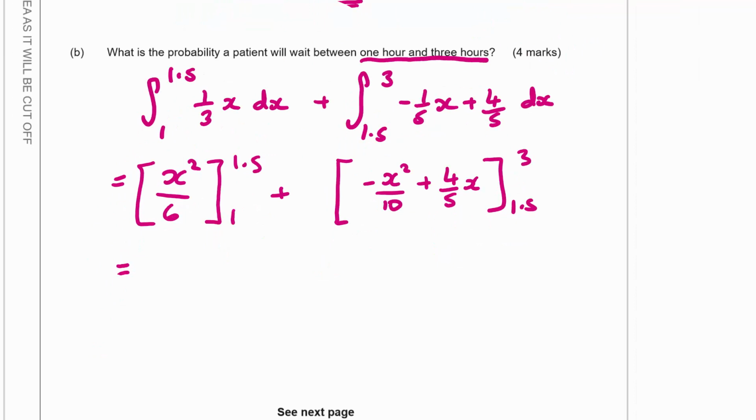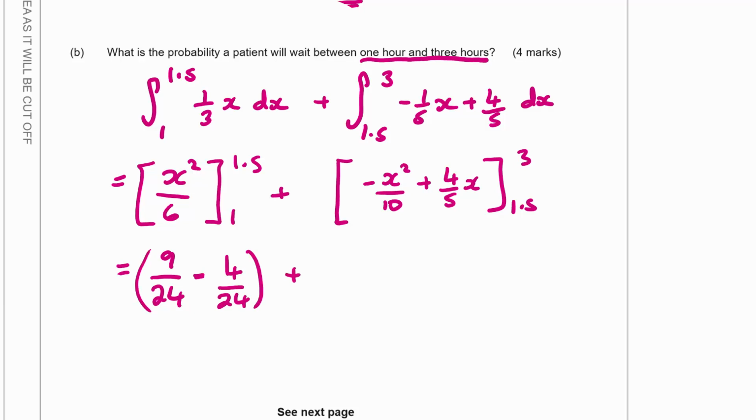So 1.5, remember, is 3/2. So if we square that, that is 9/4, then divided by 6, so that's 9/24. Take away 1/6, which of course is 4/24.